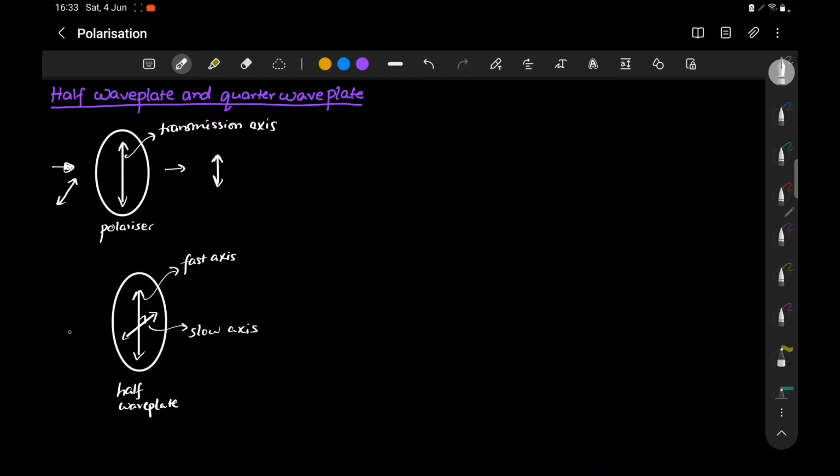And let us say we have some incoming input beam at some angle to the fast axis. So the output from this half wave plate would be such that it creates a phase difference of pi between the components along the fast and the slow axes. So let me write it down.